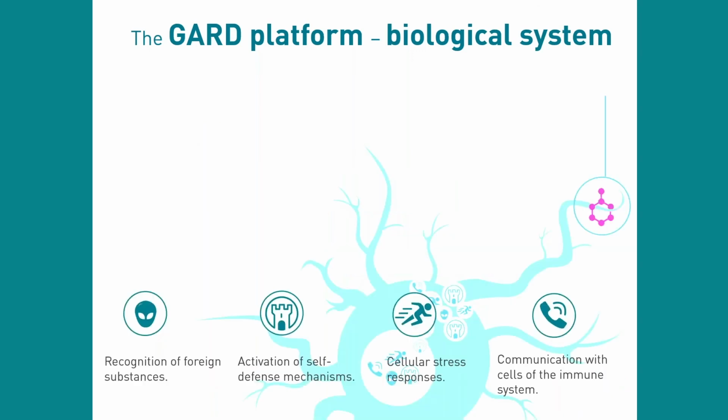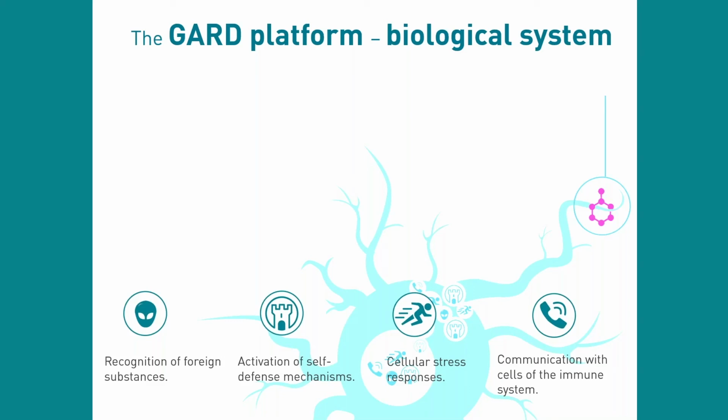So, of course, now that we have defined the cellular system that we would like to use in our assay, we need to find a way to see how the cells react to external stimuli. We know that dendritic cells react in many different ways when they're exposed to a sensitizer.